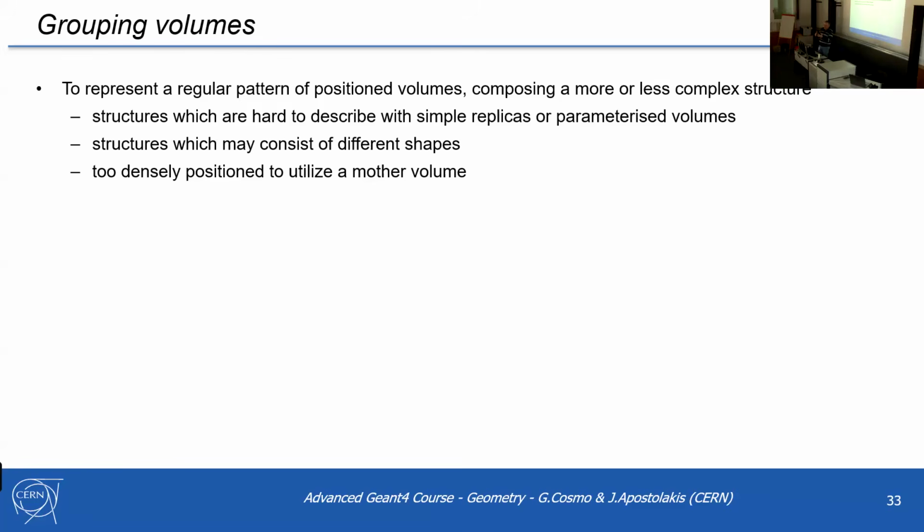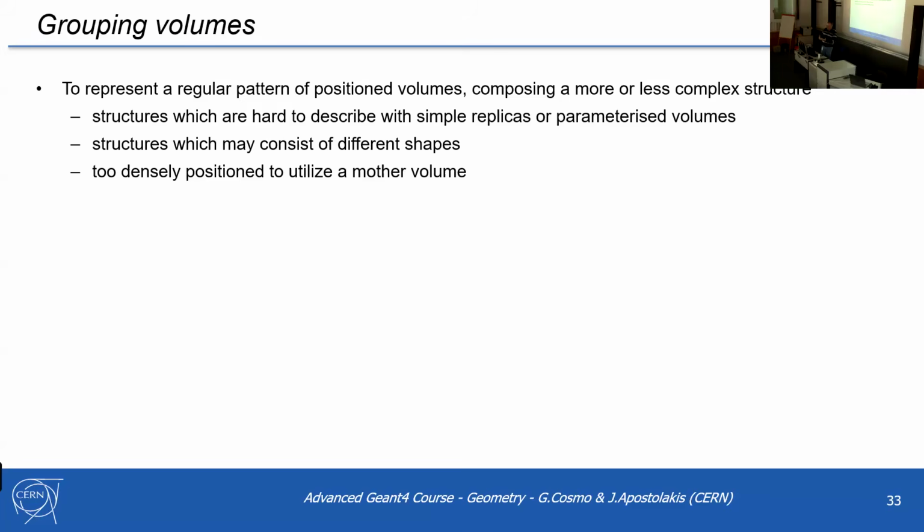In some sense, it is complicated and error prone for you to define all the different components of your structure every time. So the assembly allows you to define this group of volumes as a single entity, and then imprint them wherever needed in a single go.